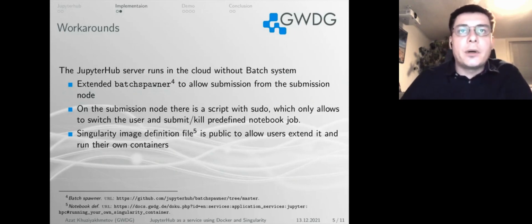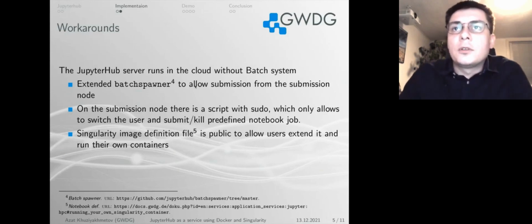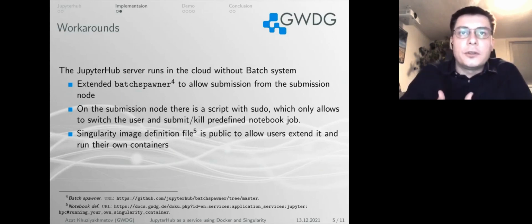We extended a batch spawner to allow submission from the submission node, because by default it supports JupyterHubs where they are deployed within HPC, or at least with functional batch binaries that can submit jobs and kill them. On the submission node, there's a script with sudo, which I already mentioned, which only allows switching the user and submitting or killing the predefined notebook job.